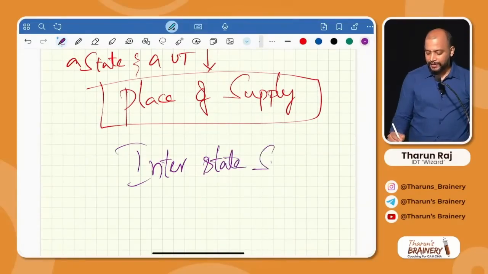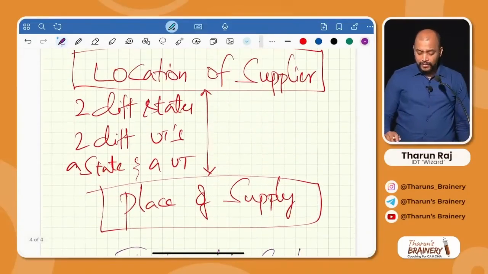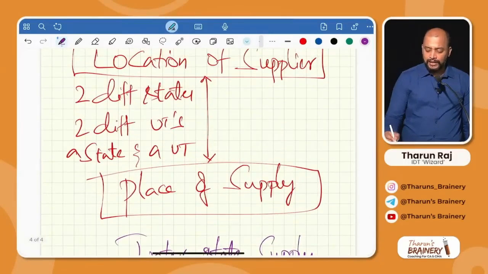Interstate supply. And here, what is the type of GST that is applicable?